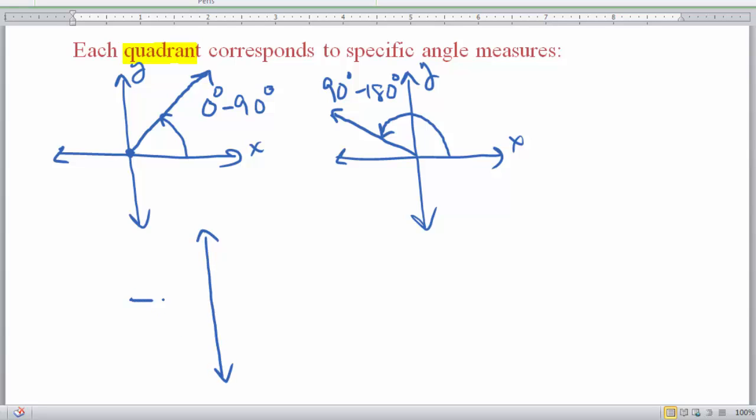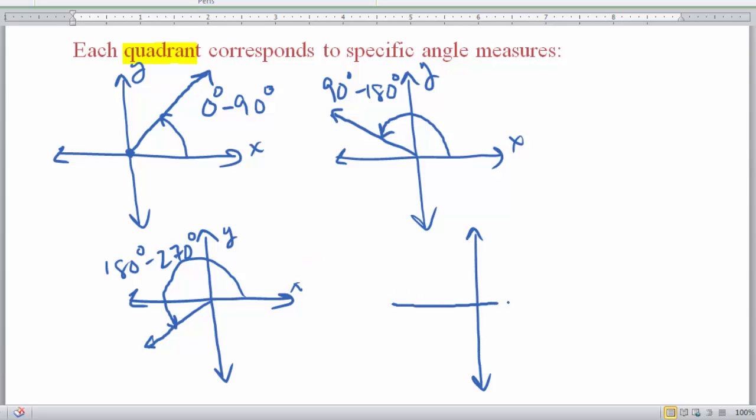And then you can probably see where this is going now, right? In the third quadrant, you've gone past 90, past the straight angle, and into the third quadrant. So all the angles here are going to be between 180 and 270.